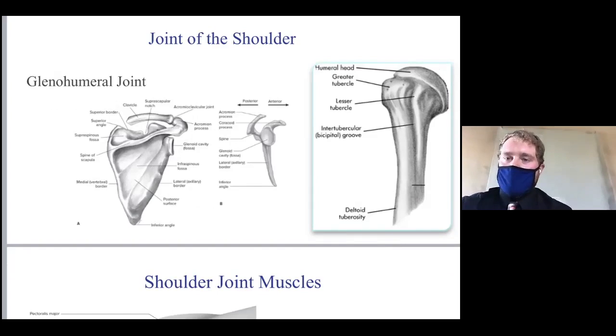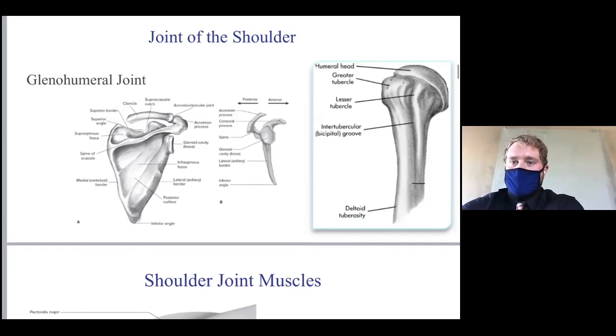All right, so you got the bones here. You have the humeral head. The humeral head connects into the glenoid cavity, and that right there is where the glenohumeral joint is. Here you have a front facing view, and then a posterior and anterior side facing view of the scapula.